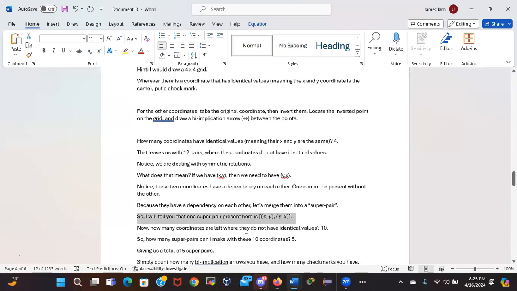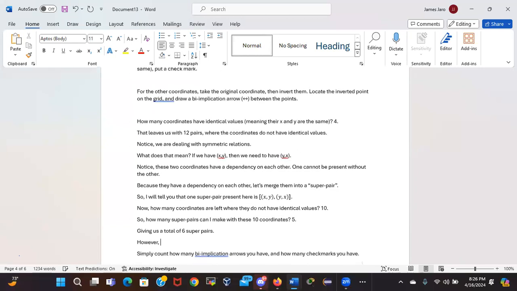One of the super pairs that you can find is xy, yx. Yes, they are dependent on each other. If you had to write them all out, wouldn't there be 5 in total? Technically, yes. Technically, there's only 5, however, one of these super pairs is an illusion. It's technically an illusion because one of them is forced into the relation.